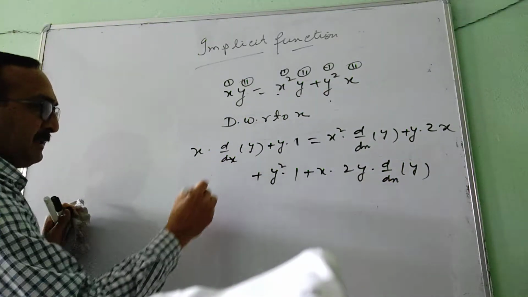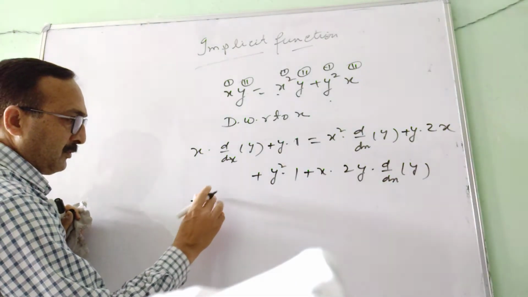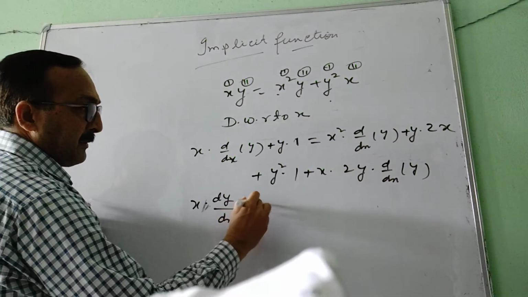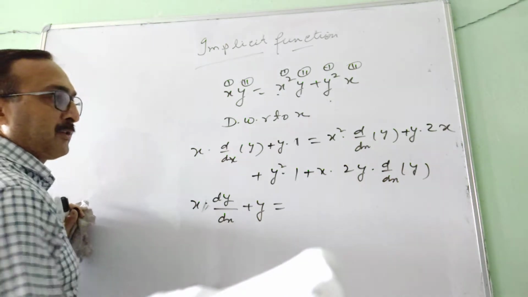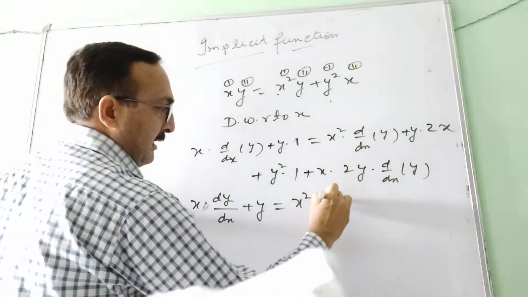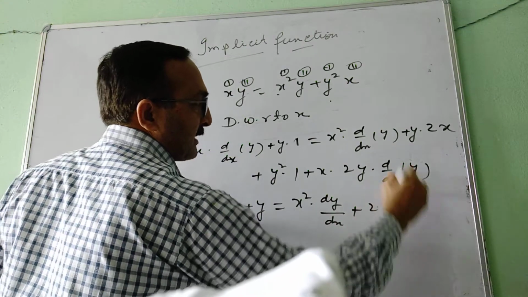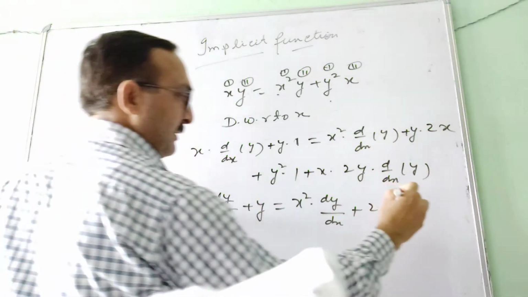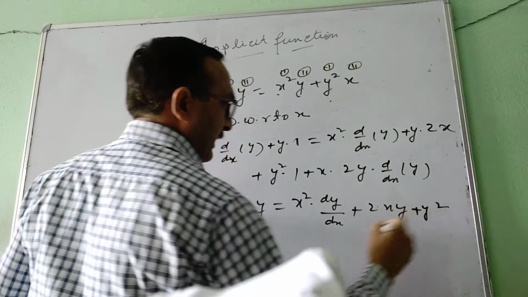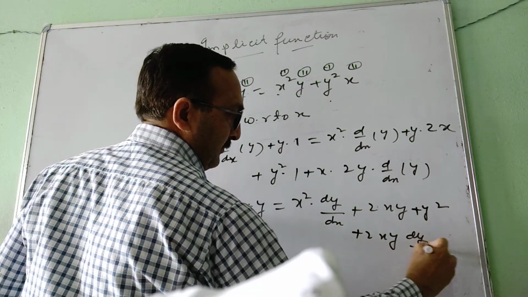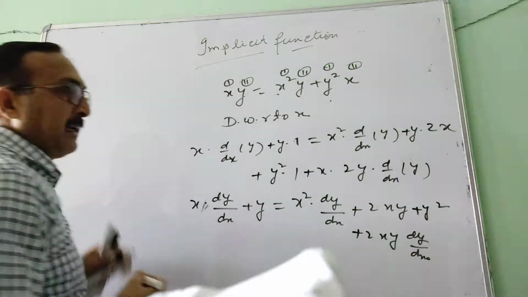So we can write x into dy upon dx plus y equal to x square dy upon dx plus 2xy plus y square plus 2xy dy upon dx.